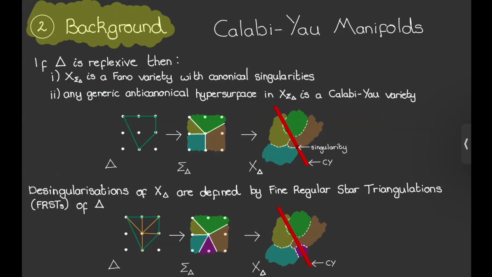And the Calabi-Yau variety will inherit any singularities that it encounters in the ambient space. Of course, we want a smooth Calabi-Yau, and so we want to resolve these singularities. And the way we do that is by taking triangulations of the original polytope. And in particular, we take these fine regular star triangulations, and these will resolve the singularities in the ambient space, and therefore also in the Calabi-Yau hypersurfaces.